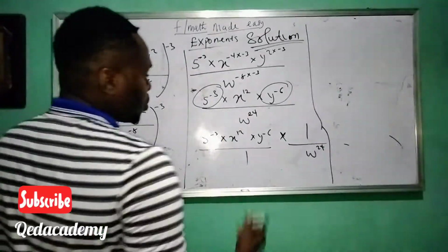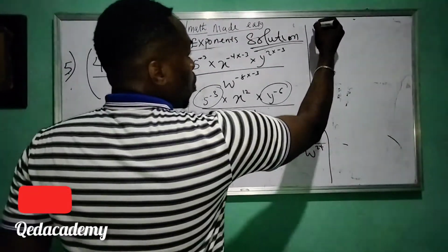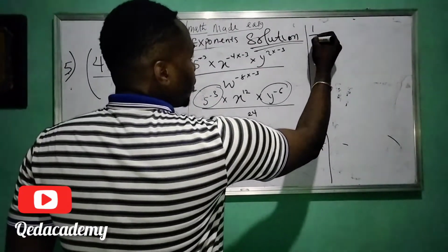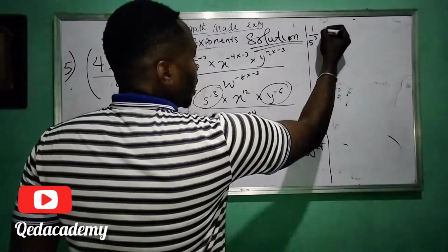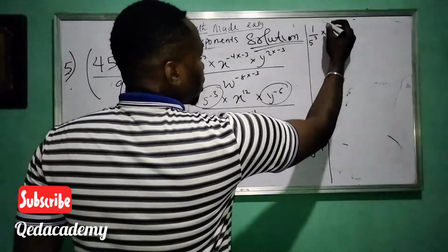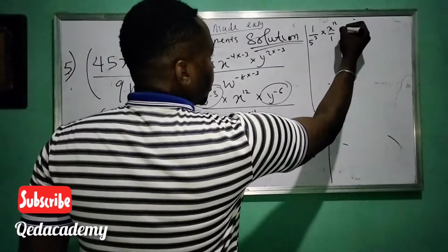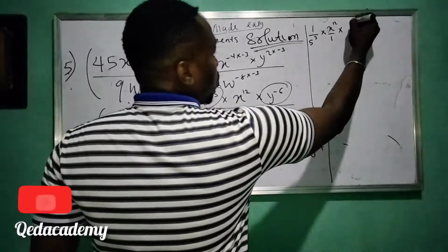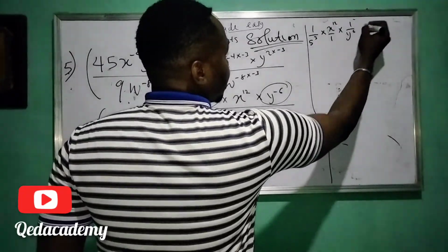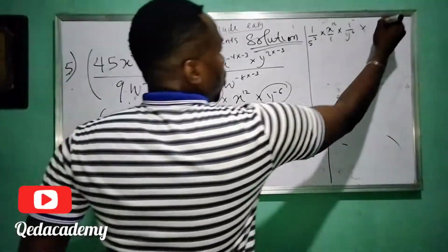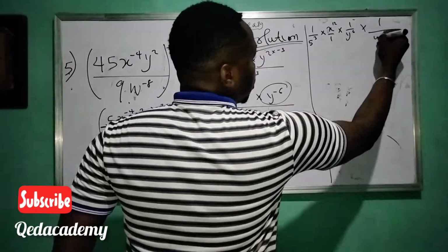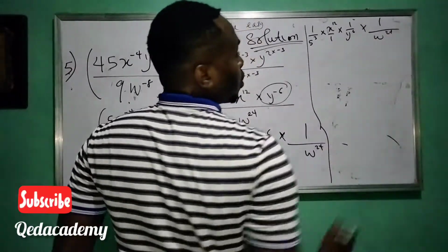So this becomes 1 over 5 raised to the power 3 times, take note, x raised to the power 12 over 1 times 1 over y raised to the power 6 times, remember this, 1 over w raised to the power what? 24, right?